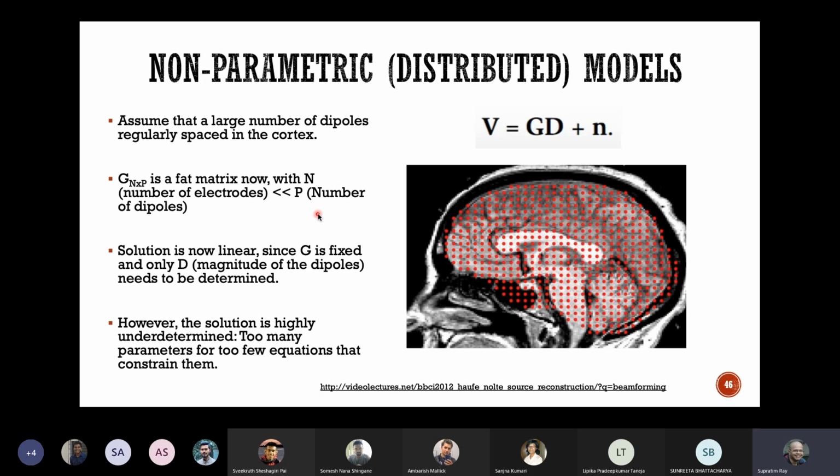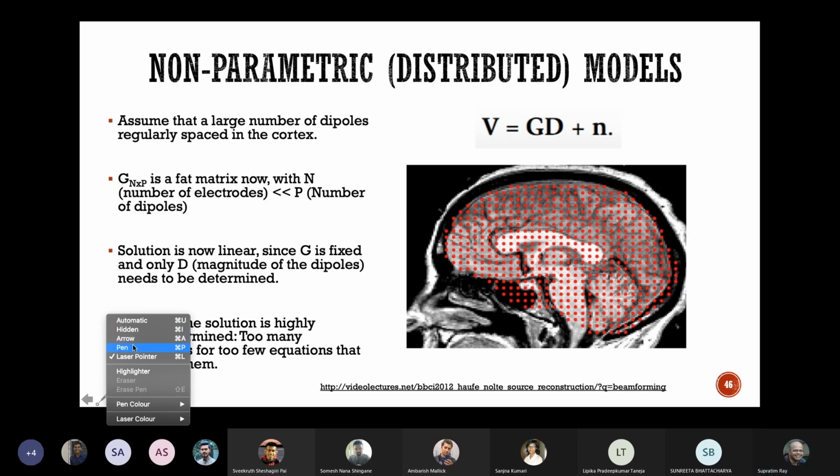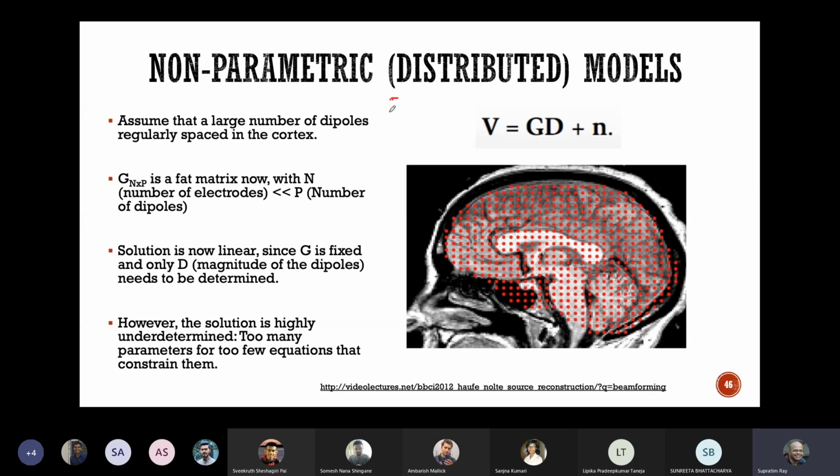Okay, so notice that now G is going to be fixed, because you know where all these dipoles are. All you need to know is what the magnitude is. So V is now going to be a 64 cross 1 matrix, assuming that you have got 64 sensors.